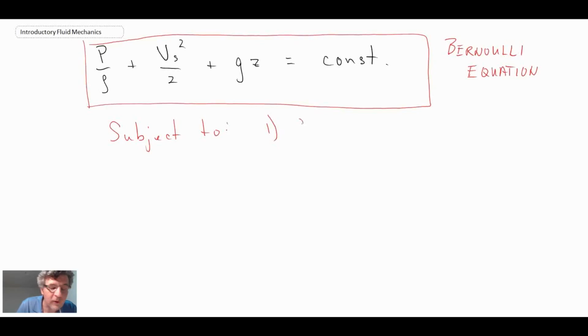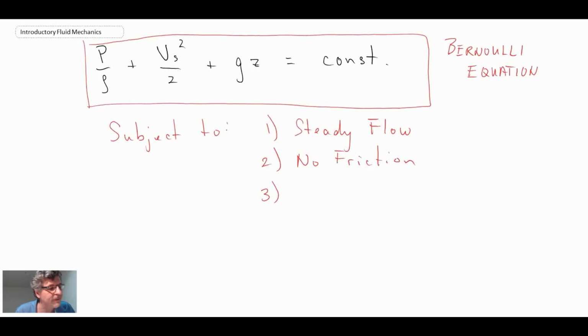We've derived it assuming that we had steady flow, no friction. So that means that we're dealing with what we call an inviscid fluid, or we're applying it at points where viscous shear is not that important.